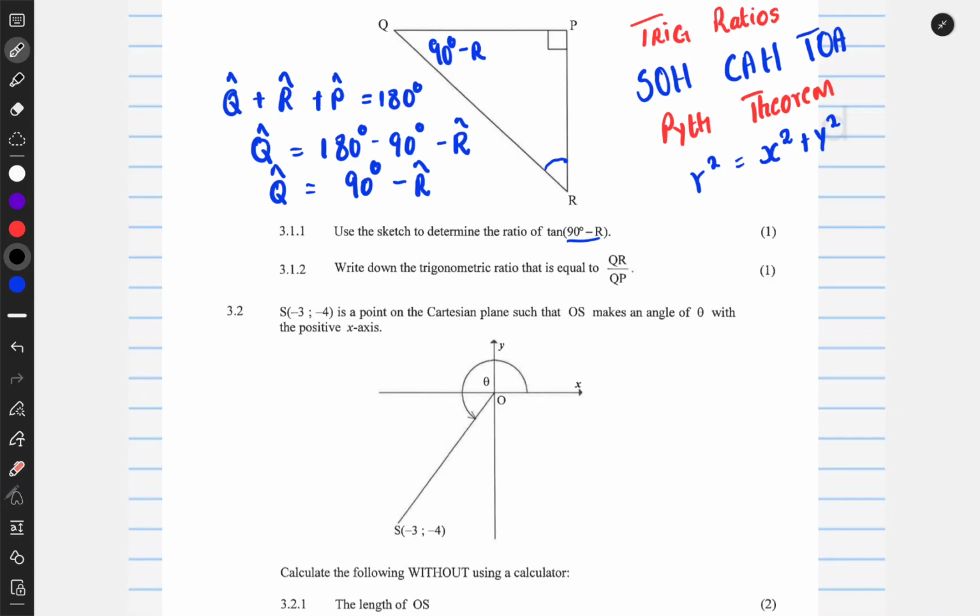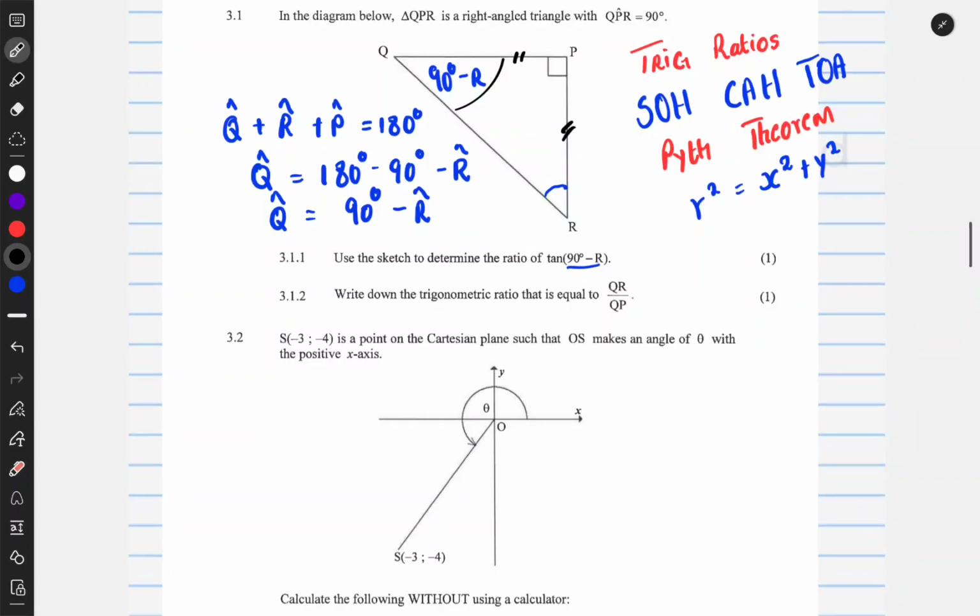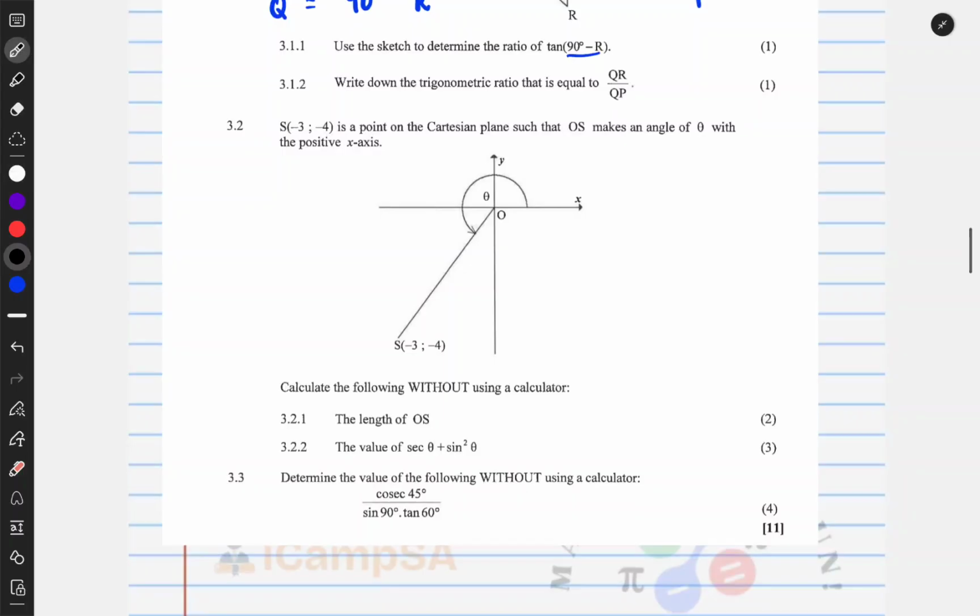So let's go ahead and do that. I said tangent is what? It is the opposite side over the adjacent side. When we are looking at this angle here, q, this is the opposite side, and this is the side next to the angle q, or angle 90 minus r. So therefore we're going to have PR over QP.